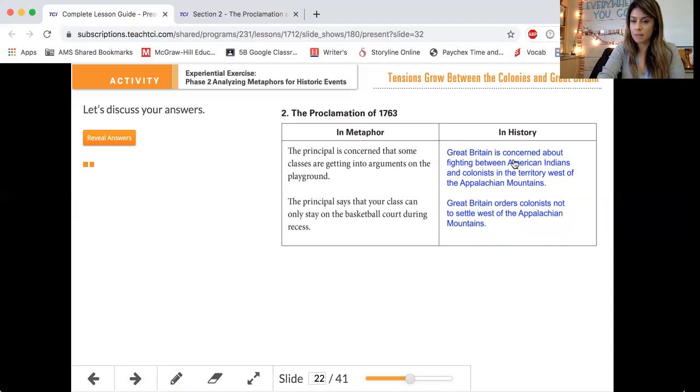So you should have something like that for this metaphor here. The second metaphor says the principal says that your class can only stay on the basketball court during recess. And in history, it's Great Britain orders colonists not to settle west of the Appalachian Mountains. So if you need to pause the video now to check your answers, please do so and press play to continue.